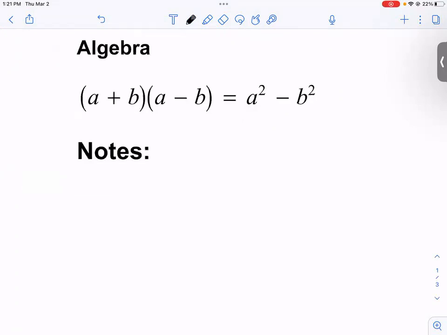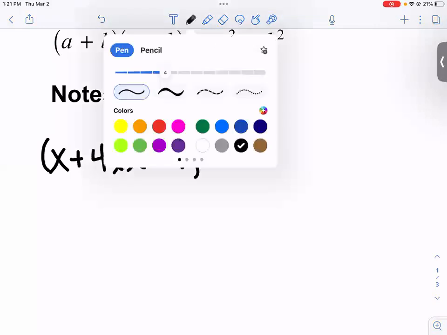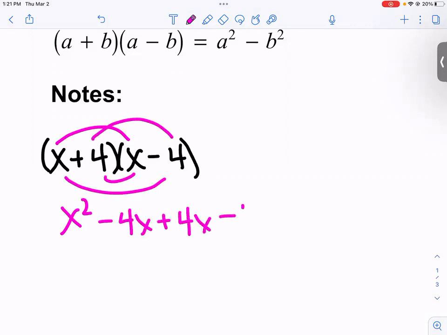Okay, so if we write, with me, take x plus 4 times x minus 4. Those binomials are the same except for the fact that one has addition and one has subtraction. Well, when we FOIL, our inside and our outside product are going to cancel out.